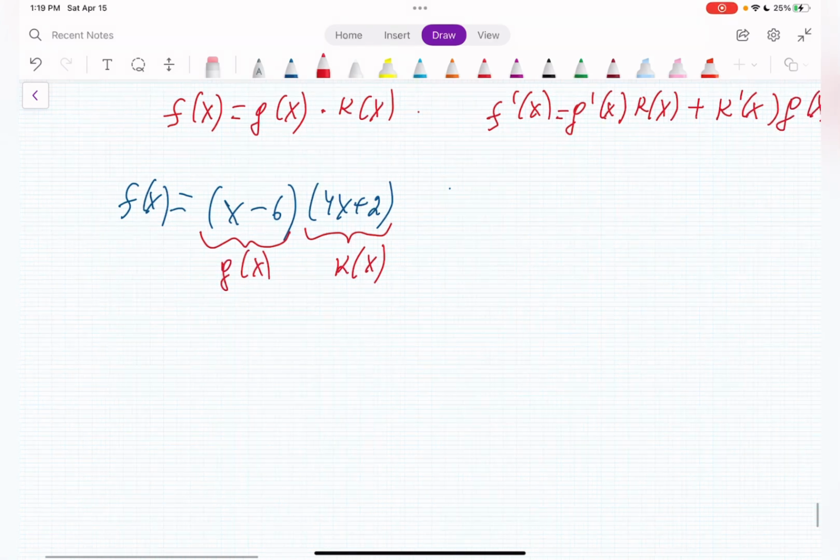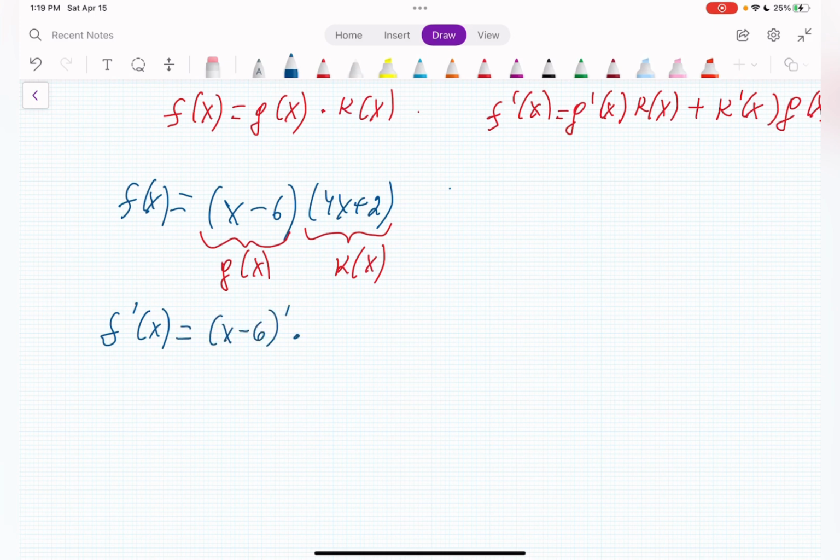So first I have to take, where I'm going to write down step by step, f prime of x is equal to the derivative of x minus 6 times 4x plus 2, and then plus the derivative of 4x plus 2 times x minus 6.